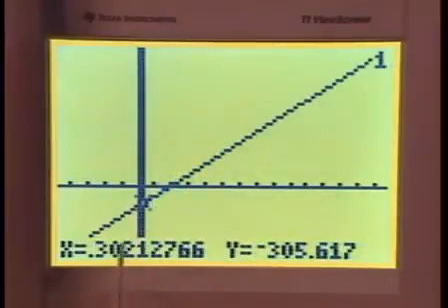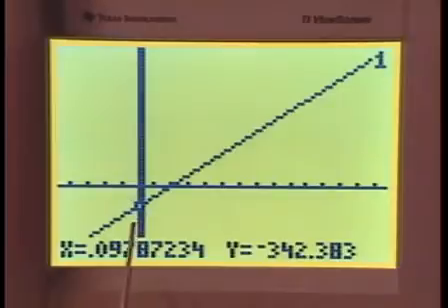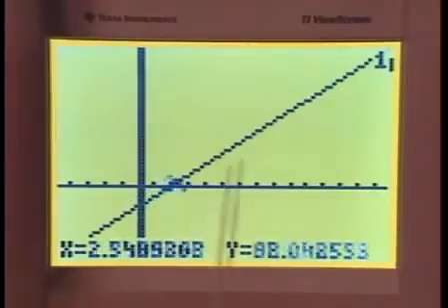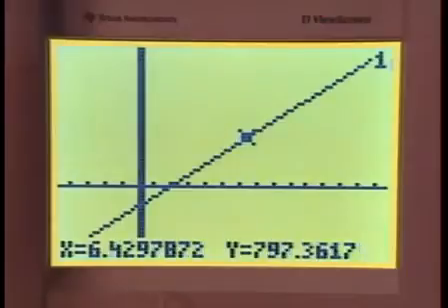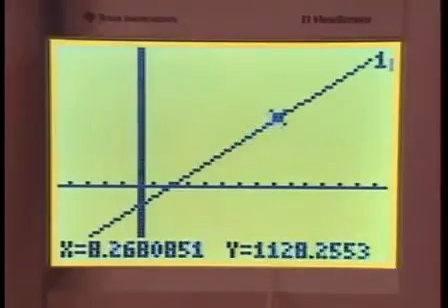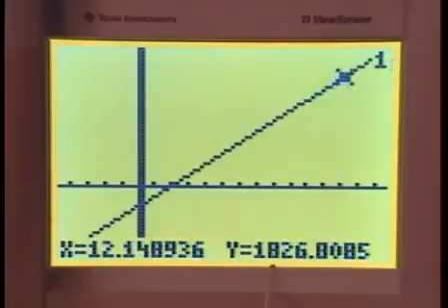That's what the calculator gave us, so that's about right. And let's say now that we would use this line to answer the following question. Suppose our polygon had 1,800 degrees. What would it be? So we would go to 1,800. It's about there. Now let's see what we have here.